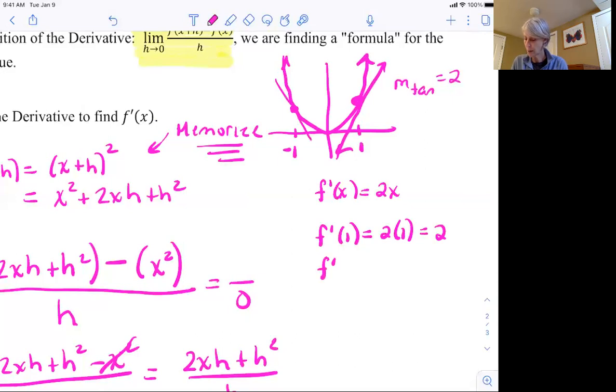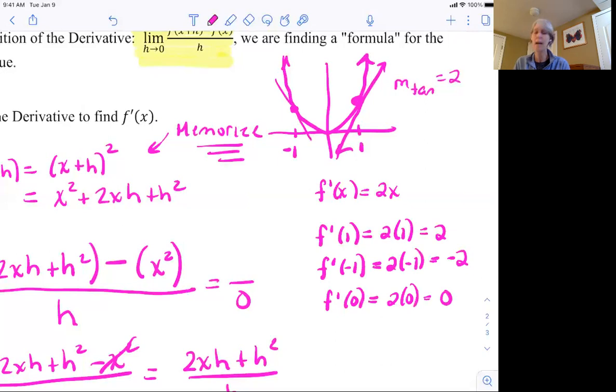Well, f prime of -1 equals -2. What if I wanted the slope at 0? I would plug 0 into the derivative. And it's kind of easy to see on here that your slope is 0, right? When x equals 0, the slope of the tangent line is 0.